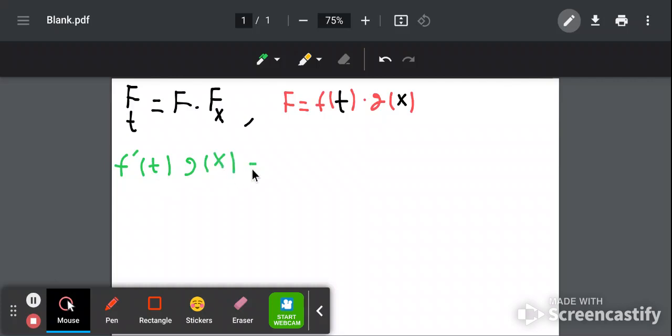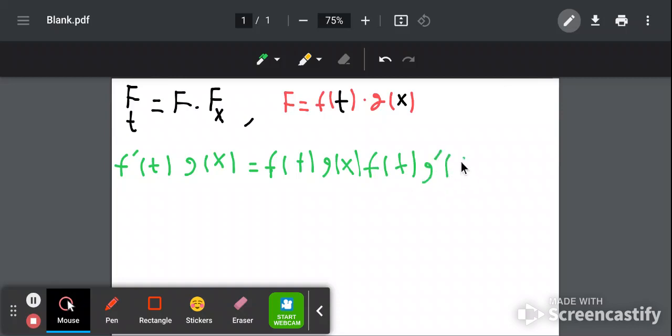And this is equal to f of t times g of x, times the partial derivative with respect to x, where f of t stays the same, and we take the derivative of g of x, so we get g prime of x.